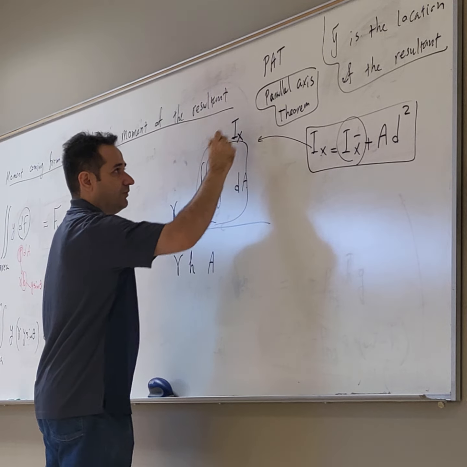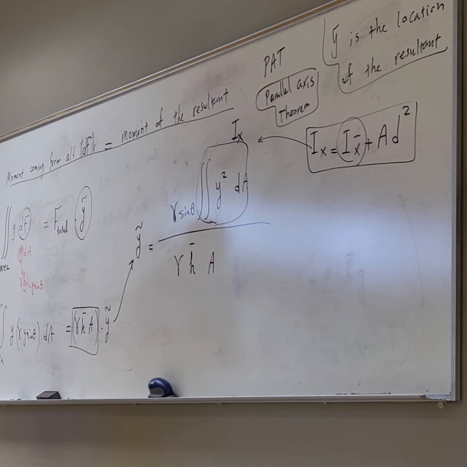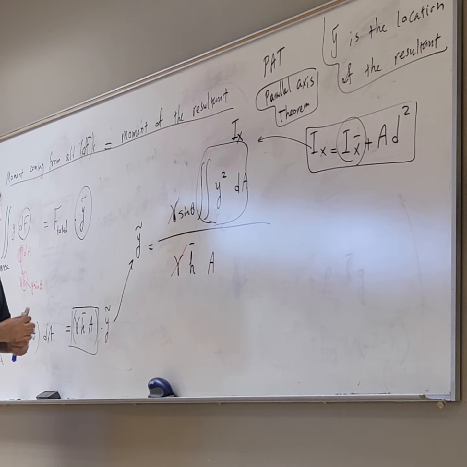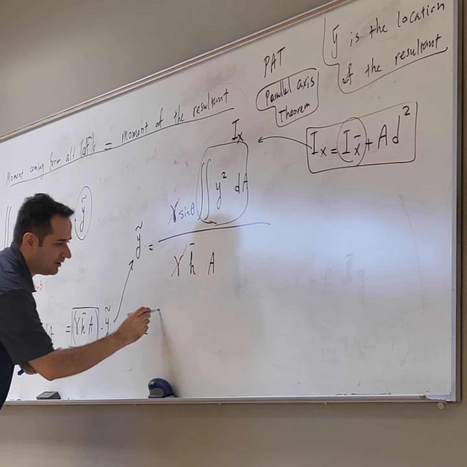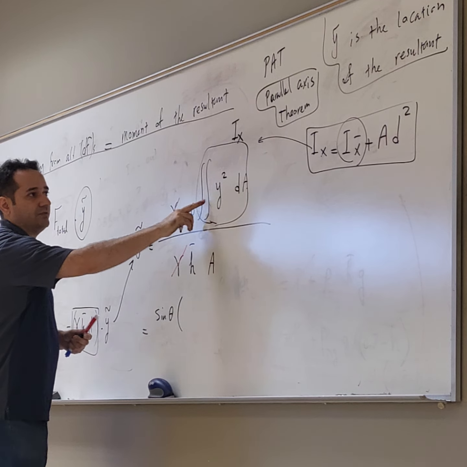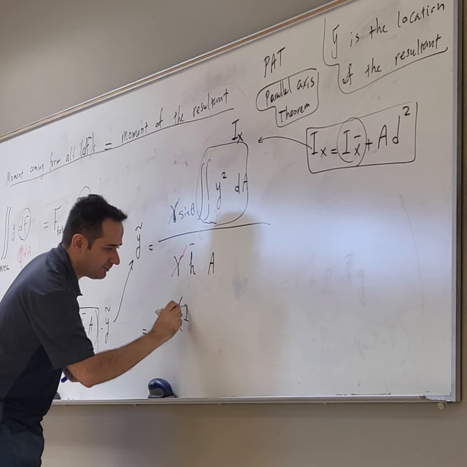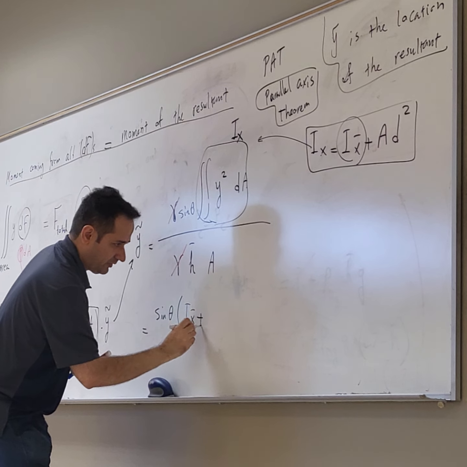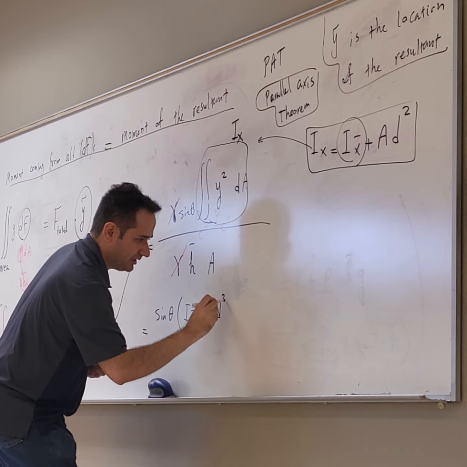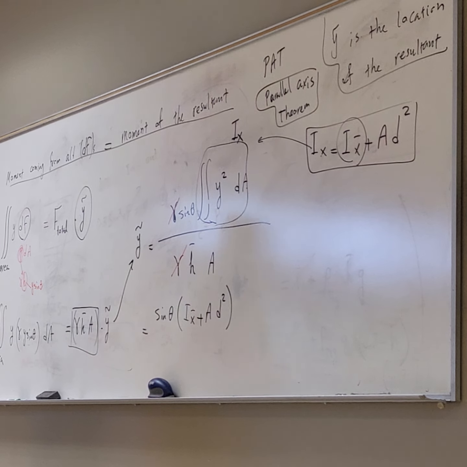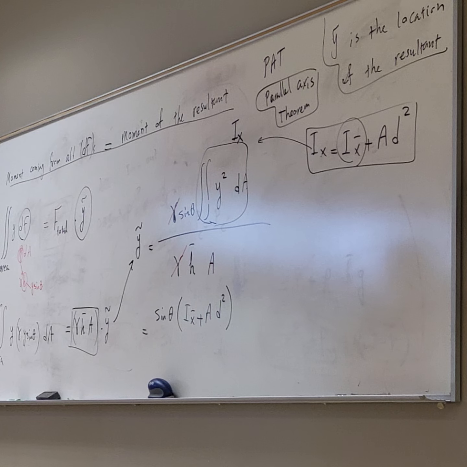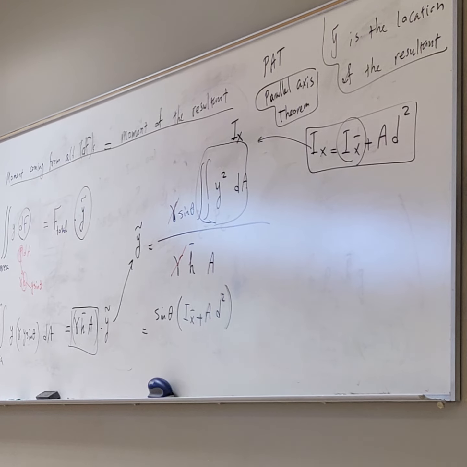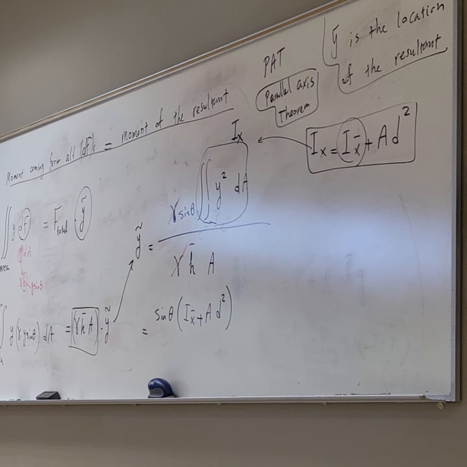So let's make that equation a little bit more useful. First of all, before I simplify that, you get rid of gamma. So you get this relation, you get sine theta. So instead of this integral, I write Ix bar plus the area times d squared. But what is d? Can you tell me? The distance between this point and the centroid.